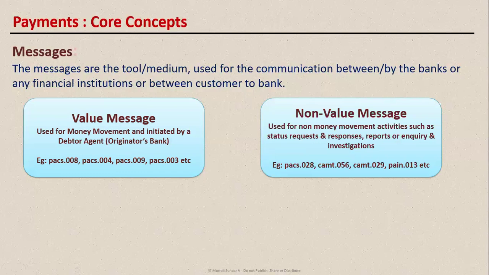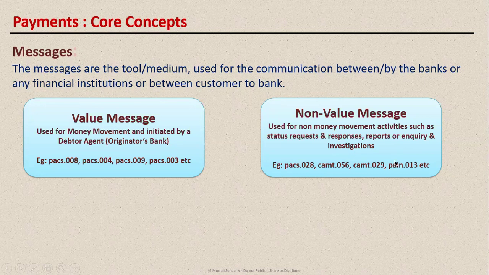In general, when I send a request, it is not always the case that it will succeed, or there could be cases where I need to investigate more, or request the status of the transaction, or perform other inquiries. So there are other things that happen based on the value message I sent, the money transaction I initiated. For those, we have separate messages provided in the ISO standard, called non-value messages.